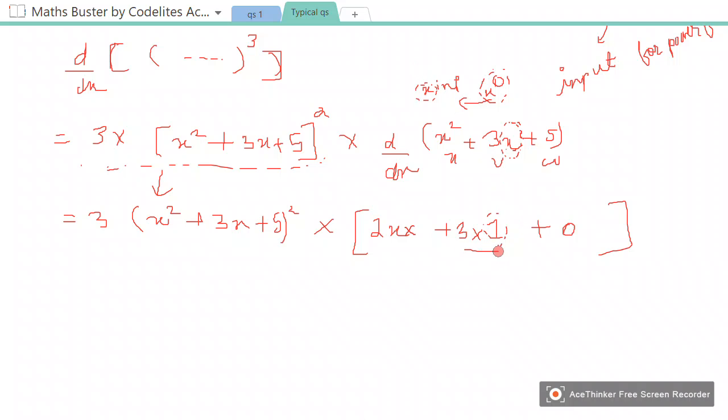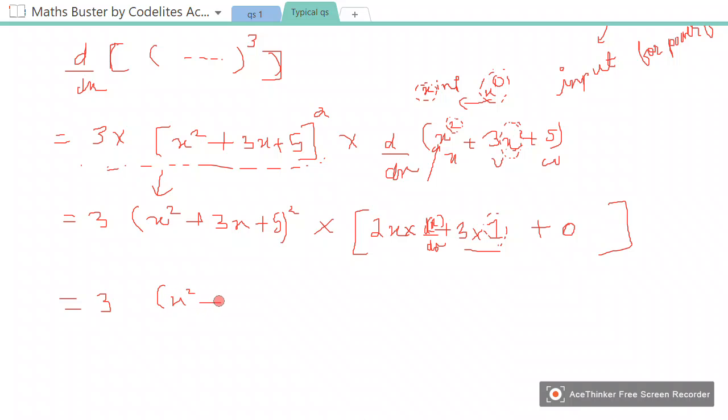But here, after taking the derivative of x square, what was your input for square? x. So I will differentiate x here, so it will be d by dx of x. But d by dx of x with respect to x is only 1.